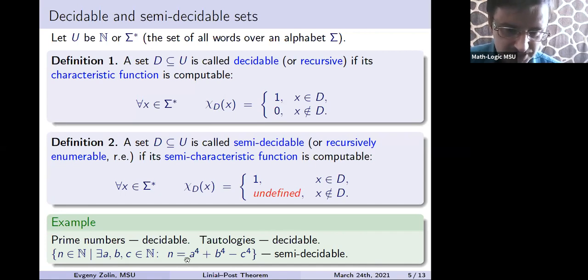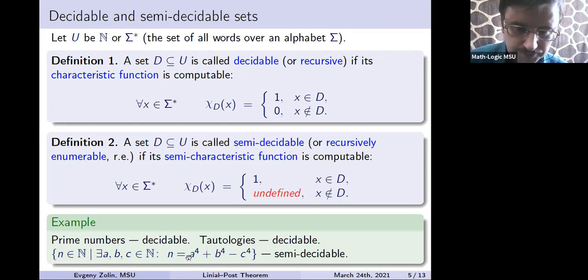Directly from this definition, we can only say that this is a semi-decidable set. If we have an input number n, we can simply check all possible natural numbers A, B, and C and calculate this expression. If we obtain exactly n, then we stop and say yes, or say 1. But if we do not find A, B, C such that this expression is n, then we can't stop and we will compute infinitely long.